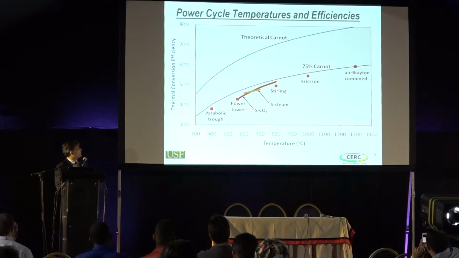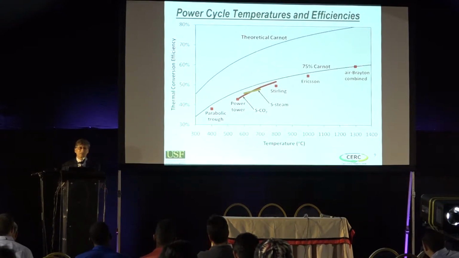So here, for example, is the supercritical carbon dioxide cycle. Now, the steam cycle has a limitation that we can maybe work up to 600 degrees C, probably less than that, but not higher than that because the pressures go extremely high.